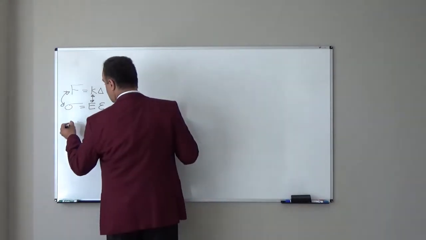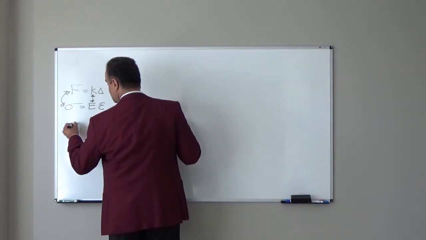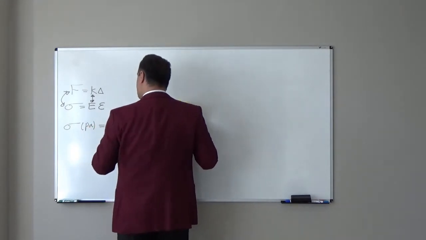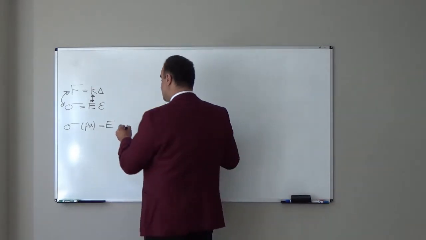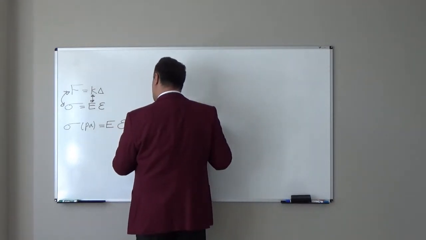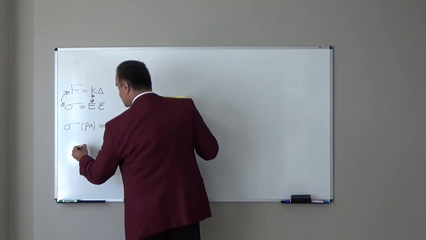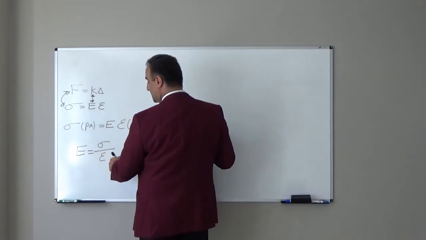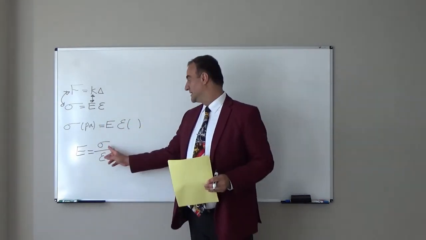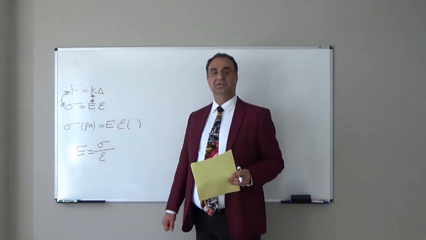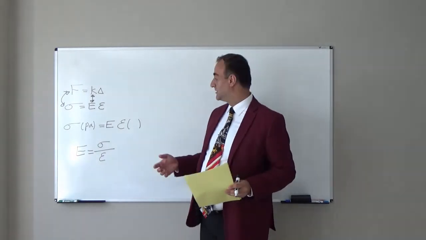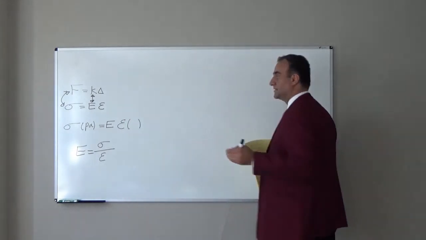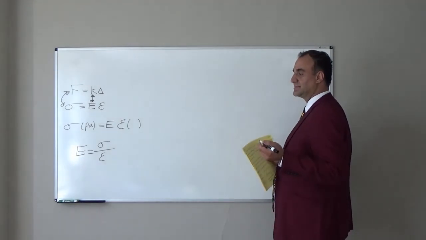So here the unit for sigma, for example, is Pascal. The unit for Young modulus, assume we don't know that, but we know there is no unit for epsilon. So what is the unit for Young modulus? Young modulus is equal to sigma over epsilon, because epsilon is unitless, sigma unit is Pascal, Young modulus unit will be again Pascal or PSI, and so on. Usually they report stress and Young modulus in different units.